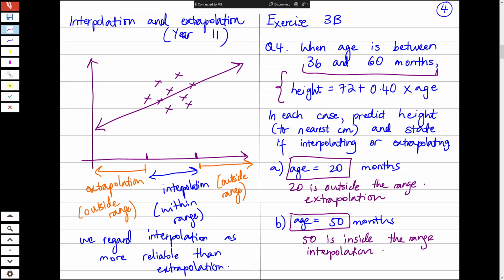I'll just do the prediction for this one. So how can I use this equation to predict the height when age is 50? It's a simple calculation, which, again, my year 12 had trouble with last year because they didn't understand that this line is used to make the prediction.